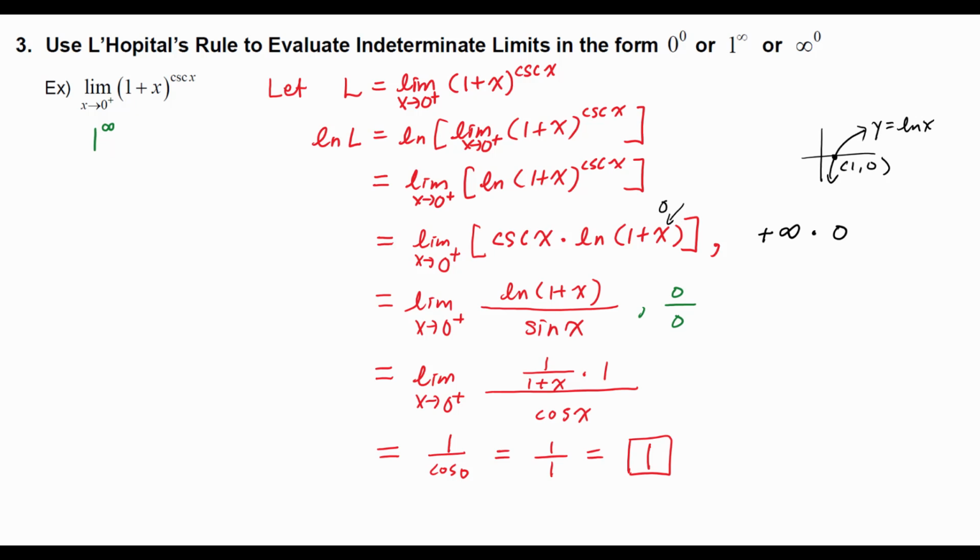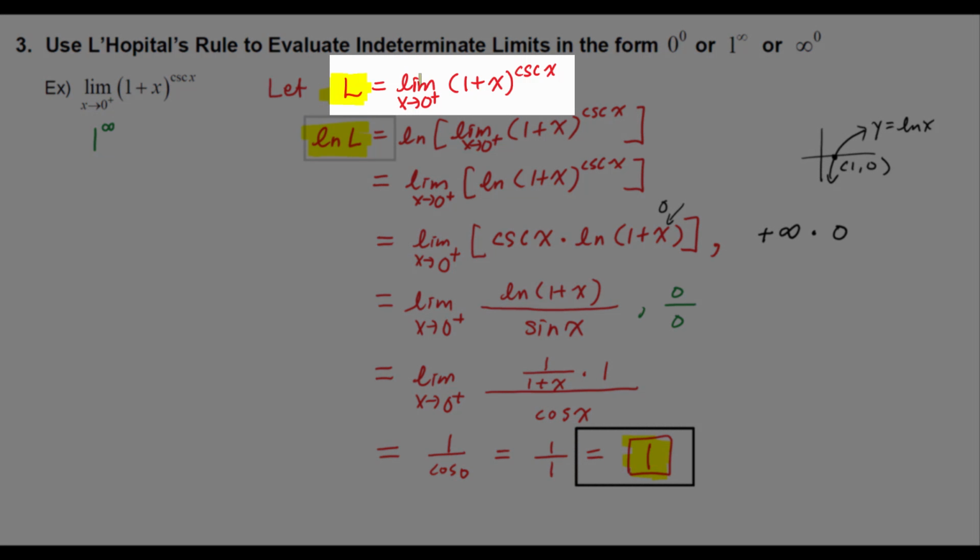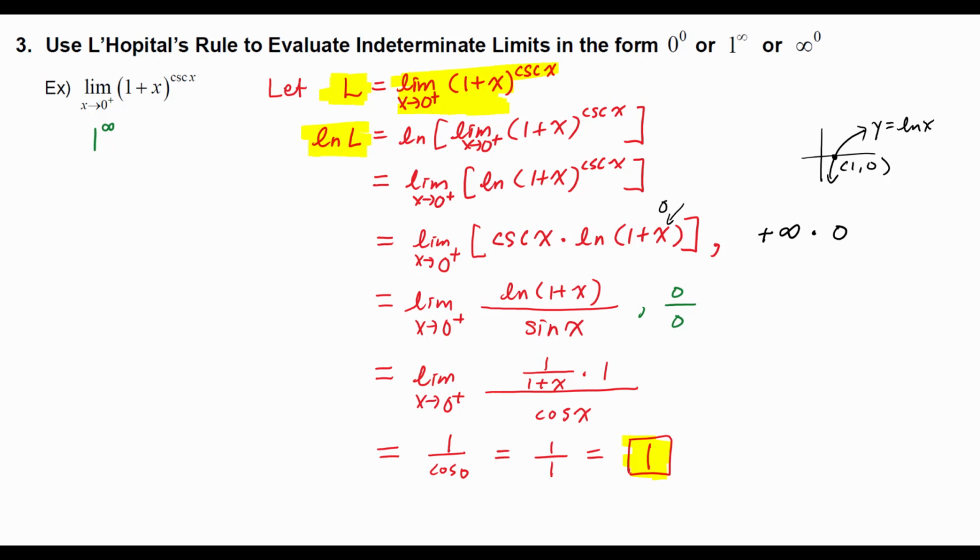What you have is ln of L equals 1, and L is what I have to find since that's what the limit as x approaches 0 from the right of quantity 1 plus x to the cosecant x power is. So I need to do a little more work here. So let's do it right here again.